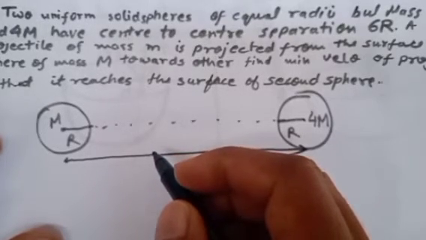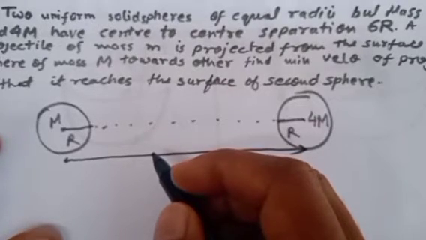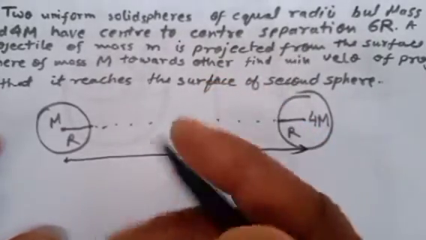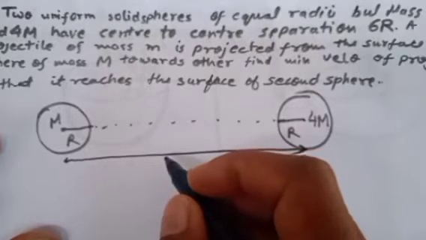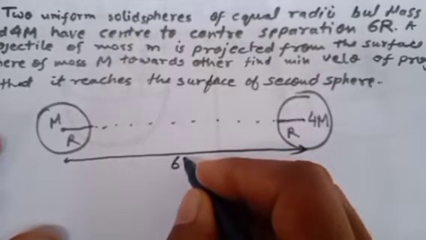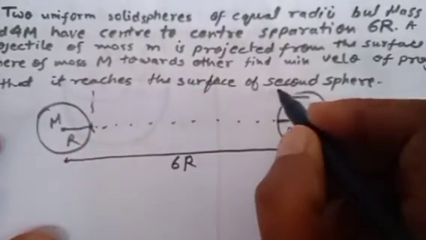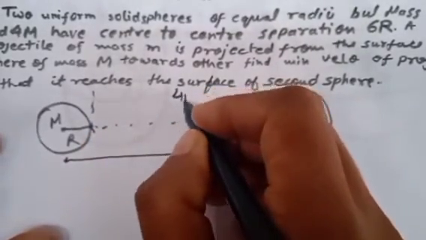It is a heavenly body, it can be a planet, it can be a sun, or whatever. So instead of that I can use the term sphere, solid sphere, from the next time. Okay, so distance between their centers is 6r. So we know that from surface to surface distance will be 4r.